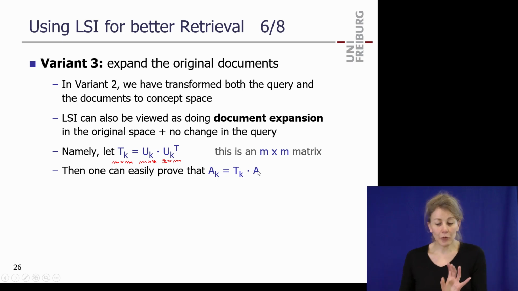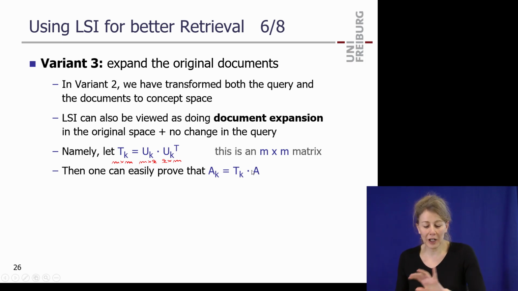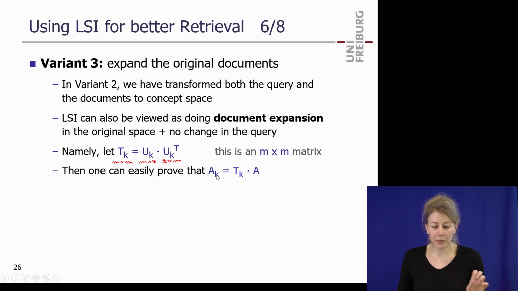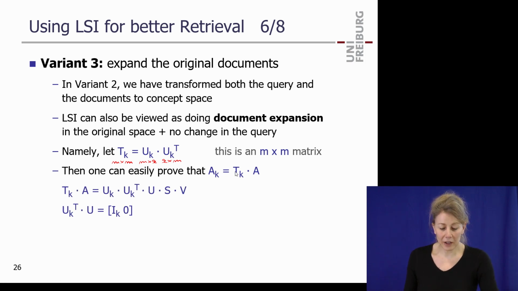So that's one way to view how I get from my original matrix to my matrix with a smaller rank. I just multiply it from the left by a big matrix. And this is the proof. You can look at it yourself. It's not important for the sheet, but it's a nice, interesting linear algebra proof.